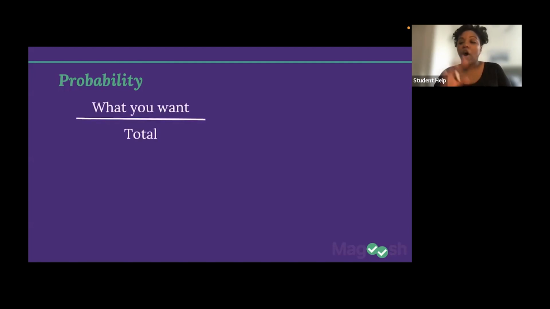Okay, everyone's good. All right, so let's move on to probability, assuming that all of that makes sense so far with standard deviation, mean, median, mode, and range. Next step is probability. So all probability is what you want divided by your total.